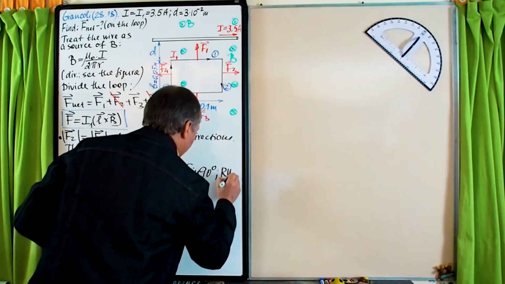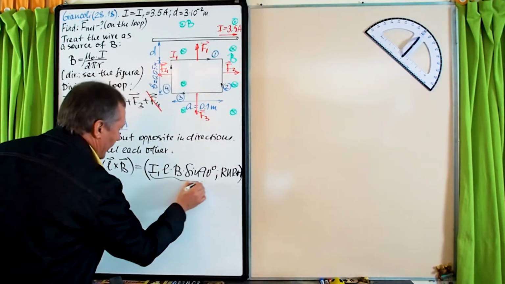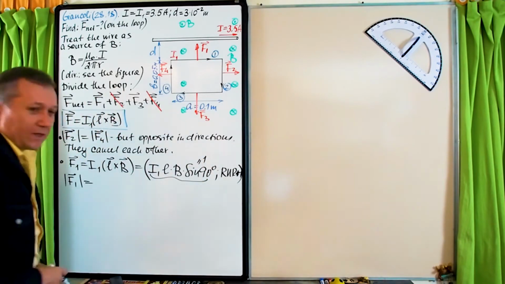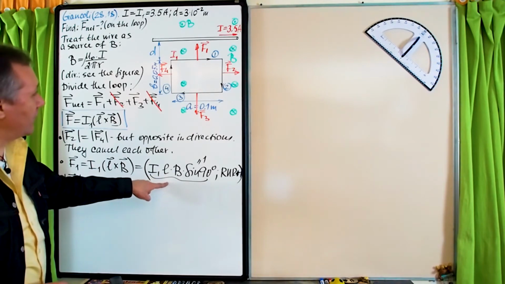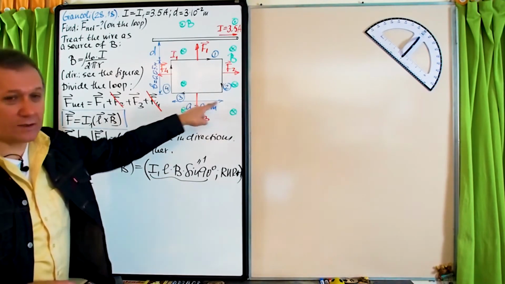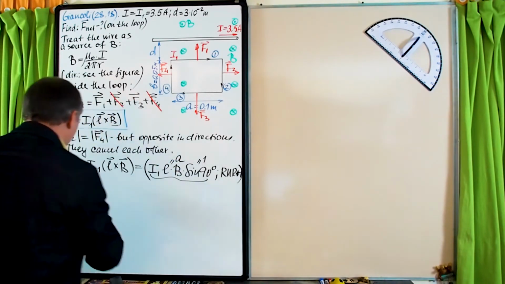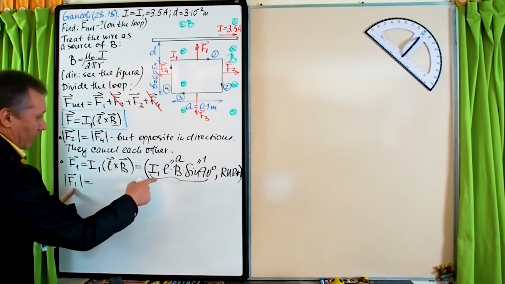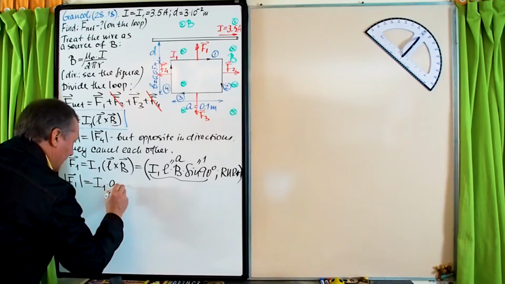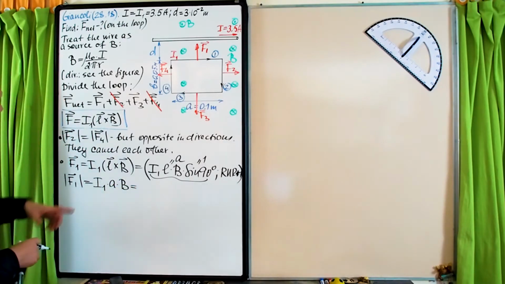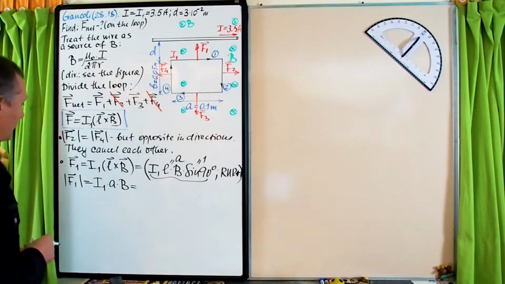So I just need to find the value of L. The value of L is A, the width of the loop. So the absolute value is I1 A B. B is this B, from the formula.